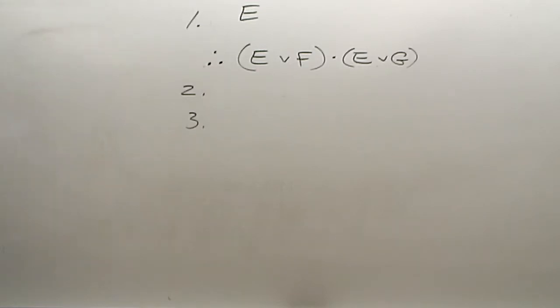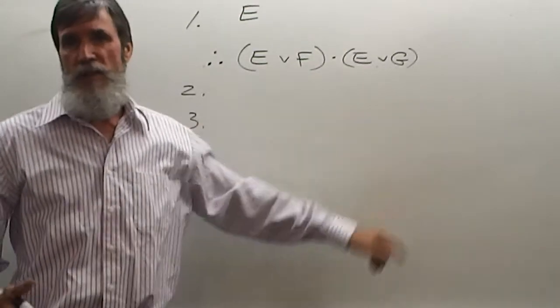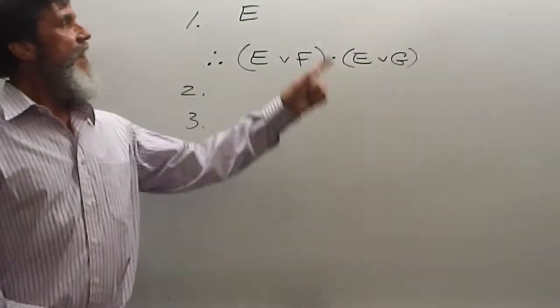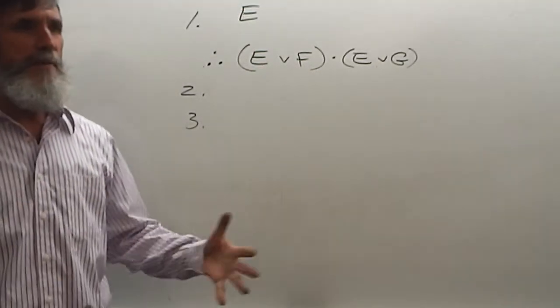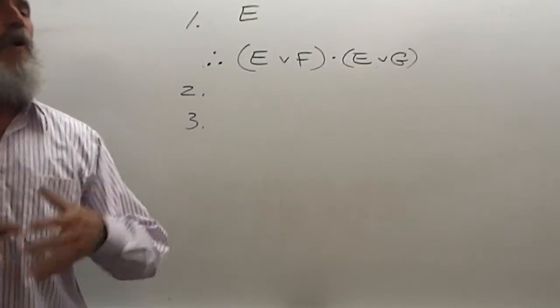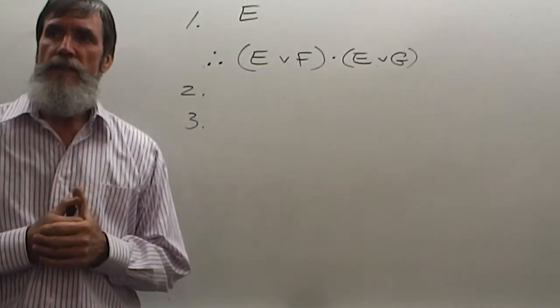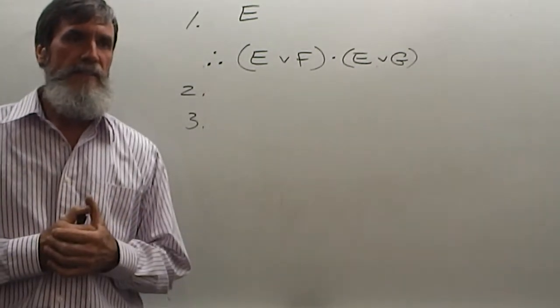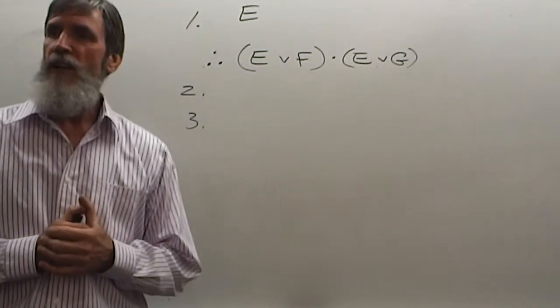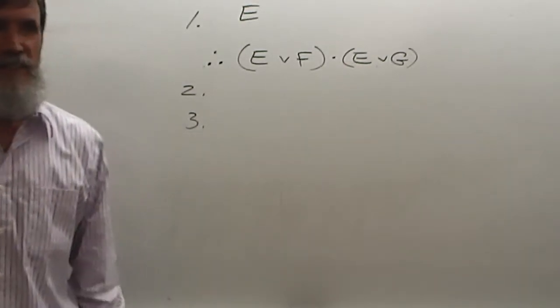One thing you should notice is that our conclusion contains simple statements, or in other words, letters that don't exist anywhere in the premises. Does anybody remember the only way to introduce statements into the proof when they don't exist in the premises? Addition, thank you.